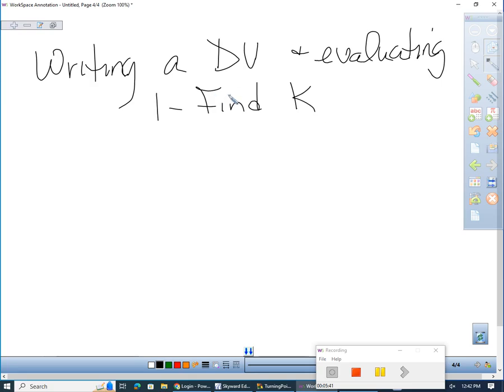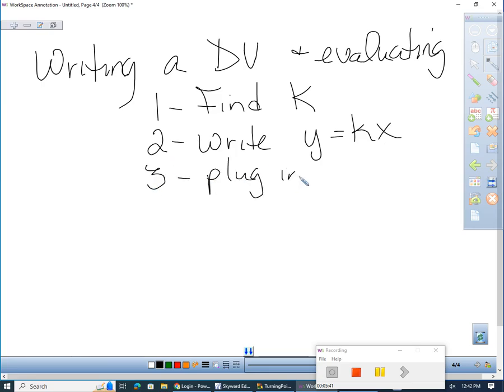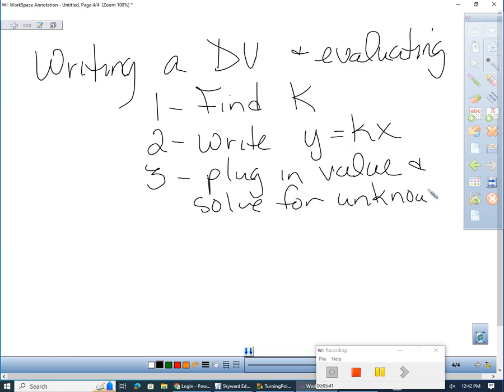You're going to use the first 2 pieces of information to find k. Step number 2, write y equals kx. So that k you found, you're plugging it into y equals kx. Step number 3, plug in value and solve for unknown. Very easy 3 steps. So here's how it's going to look.